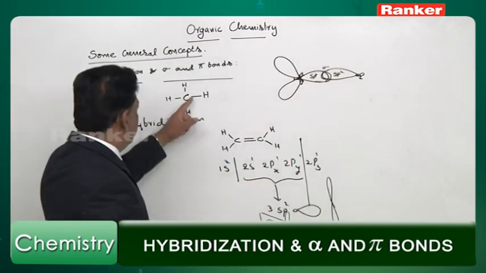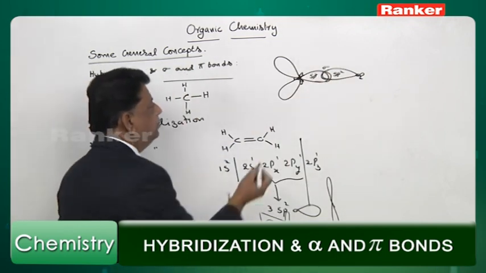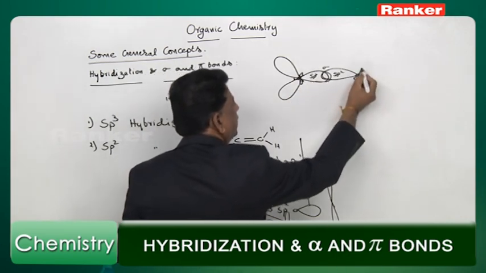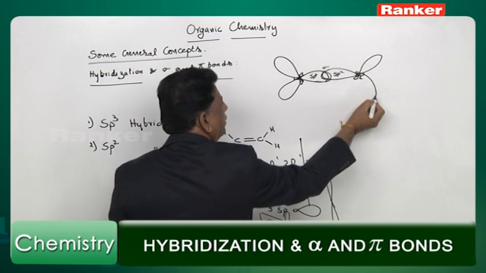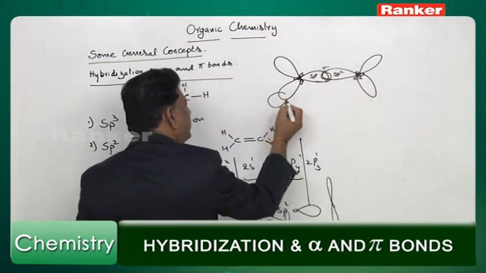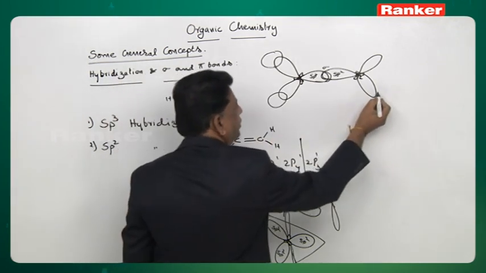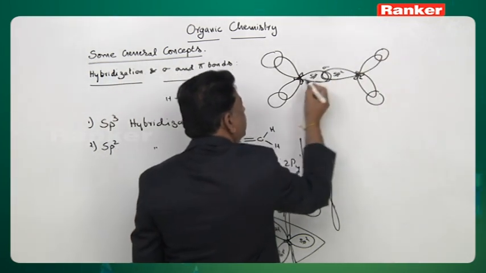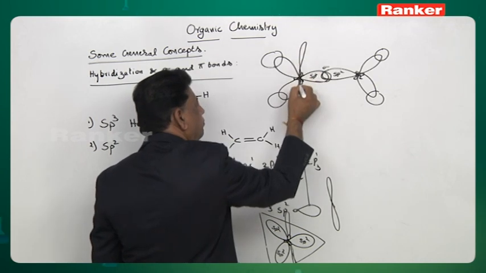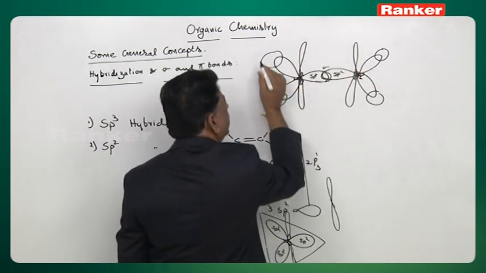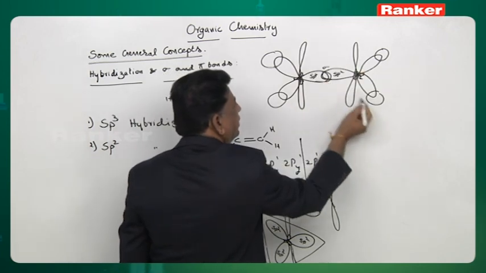Just like here, all are sigma bonds. Between carbon 1 and carbon 2, 1 sigma bond is formed. The remaining 2 sp2 orbitals on each carbon are used with the hydrogens, 2 on this side and 2 on that side. Now at this carbon we have 1 pz orbital, and here also 1 pz orbital. The entire 6 sigma framework atoms will be in one plane.